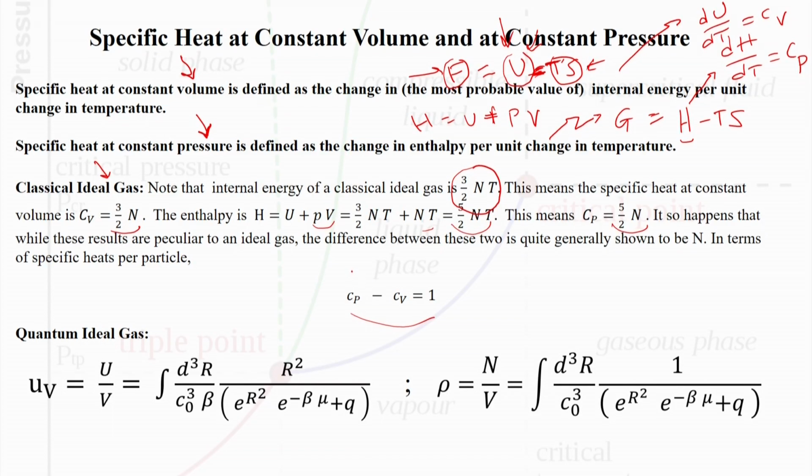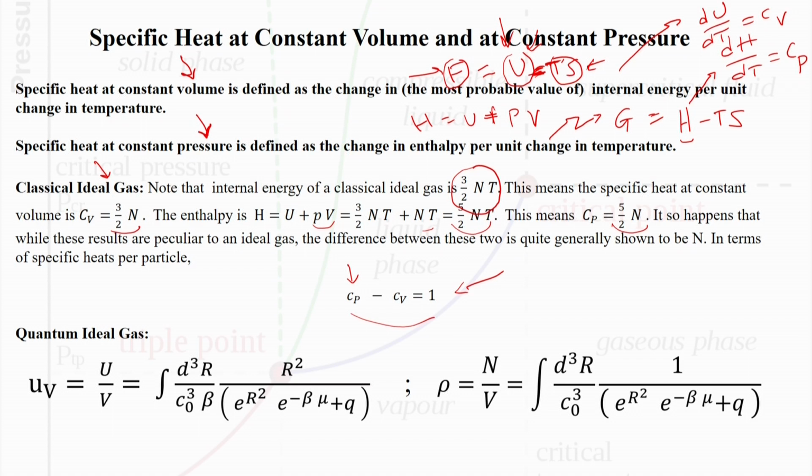That is the only difference. So, the specific heat of the system per particle at constant pressure minus the specific heat of the system per particle at constant volume is 1 for a classical ideal gas only. Okay, so that was easy, and in fact, it is quite uninteresting as well, because everything is very simple.